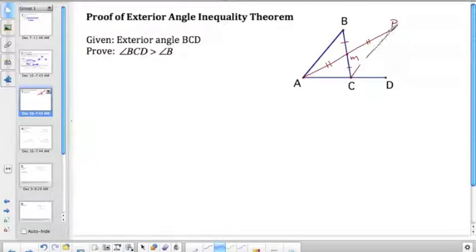So now we've made 2 triangles. All right, so we know AM is congruent to MP. And that's essentially given. I mean, we drew it in there so that it was. We know that BM is congruent to MC. And that's by the definition of midpoint.